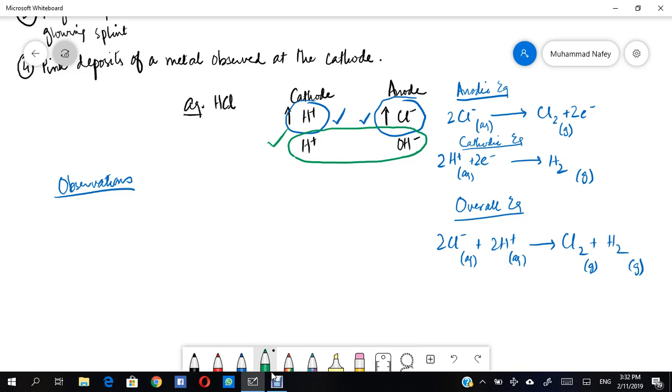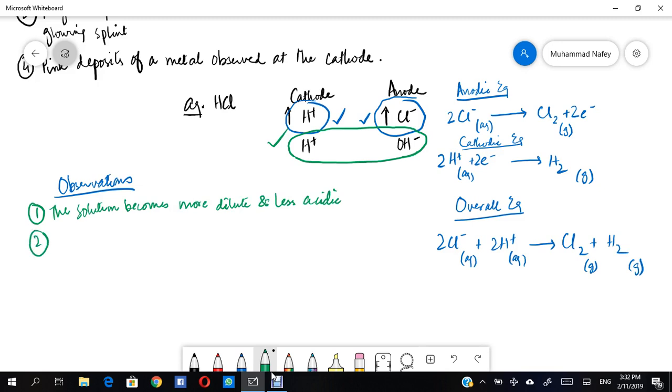Hence, we can say that the solution becomes more dilute and hence less acidic. The first observation is the solution becomes more dilute and less acidic.